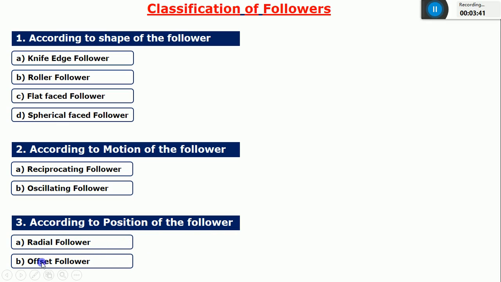And in an offset follower, the axis of the follower is slightly offset either towards right or left with respect to the center of the camshaft, so the follower axis will not pass through the center of the camshaft. This was also discussed in the previous class.